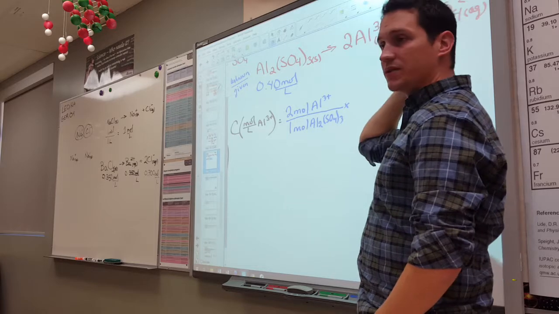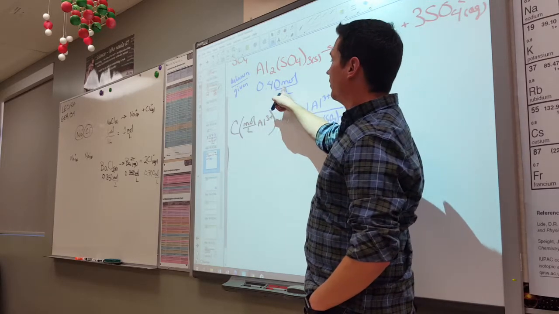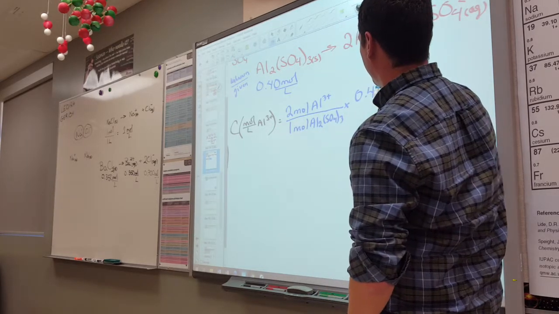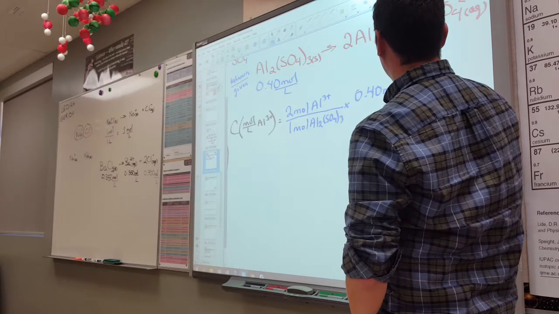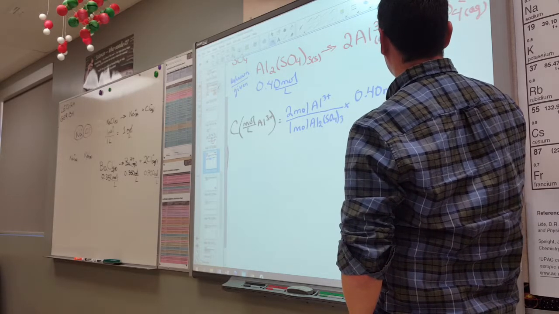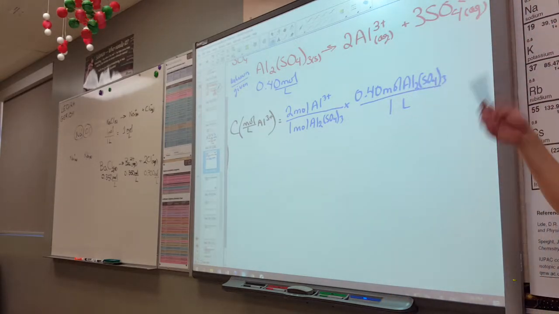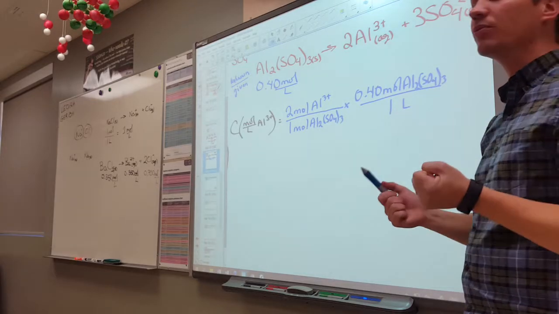Where do you see moles of aluminum sulfate anywhere? 0.40 moles of aluminum sulfate for every 1 liter. Do you see how this is getting bigger every time I add a substance? But it's important that you keep writing it down.